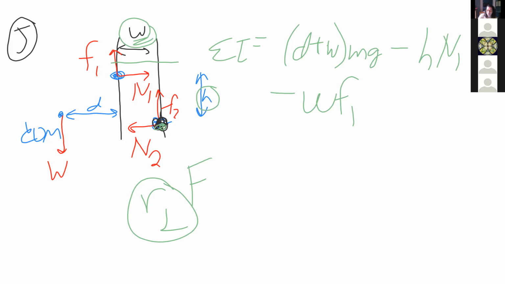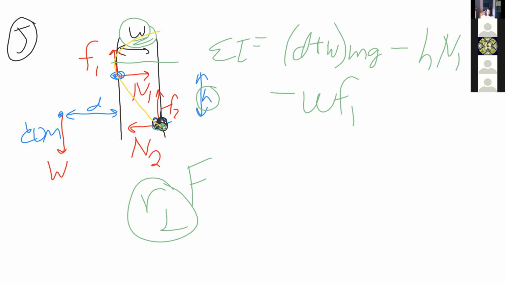A very straightforward way to determine if the torque due to a force is positive or negative is to draw a line from the pivot point to the force and then just see if the circle goes clockwise or counterclockwise. For normal force 1, that circle goes clockwise, that's a negative torque.